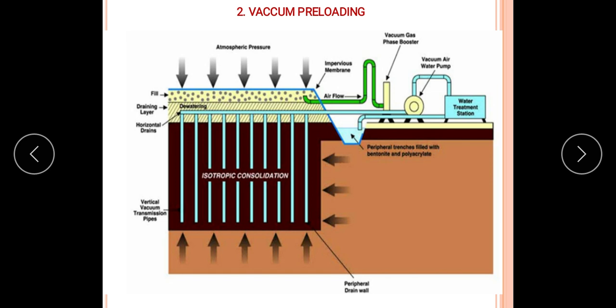So you can see here vertical drains have been provided and at the top we have a sand layer, okay, for horizontal drainage. So this is the top sand layer and these are the vertical drains.